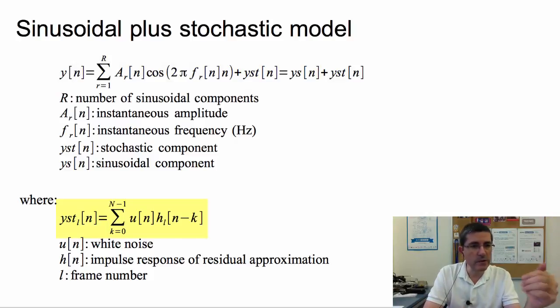Below here we see the equation of the modeling of this stochastic component. The stochastic component is the result of filtering white noise with the impulse response of the approximation of this residual signal. So we have the impulse response of every frame of this residual signal, and we obtain this impulse response that approximates the spectral shape of that.